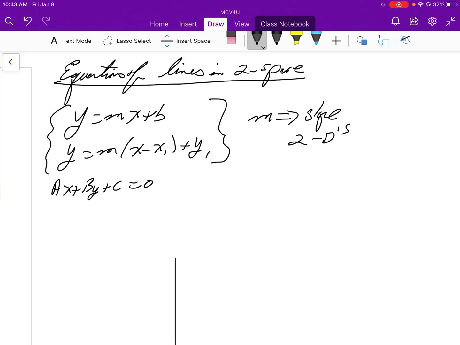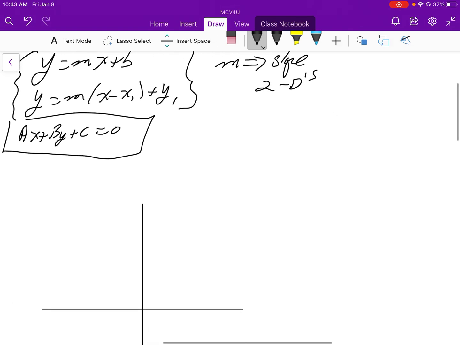It's important to remember that we're talking in terms of vectors. The standard form, because it doesn't necessarily have the slope as one of its components, actually creates something else with our 2D and 3D. So we'll talk about that a little bit later. We want to talk about how we can create vector equations of a line.